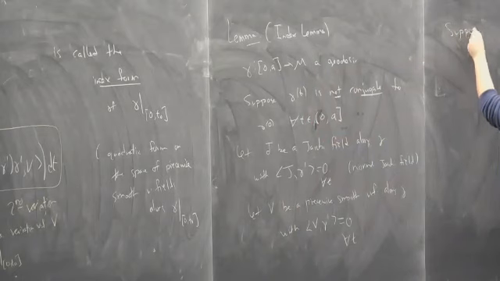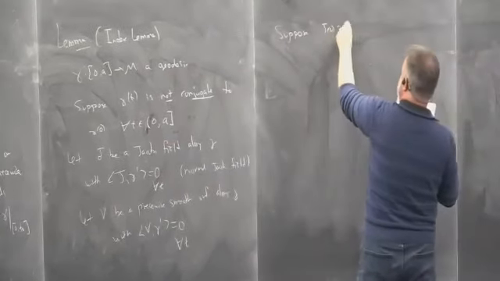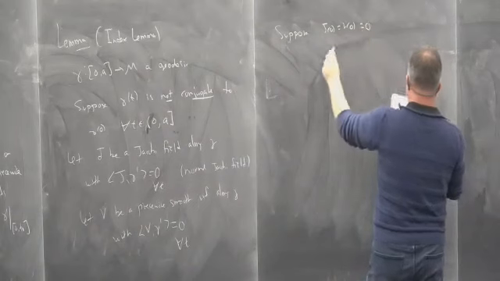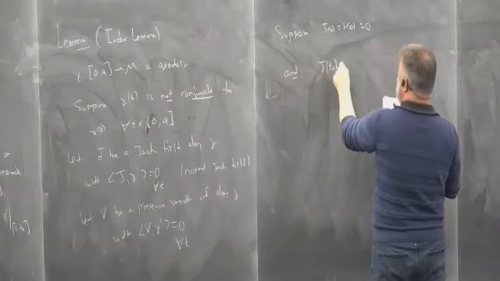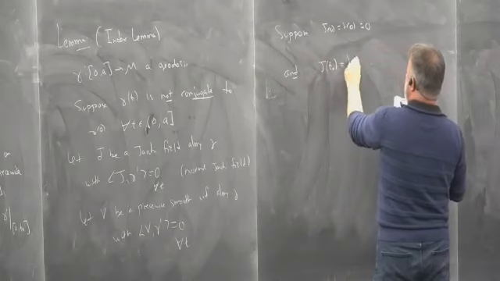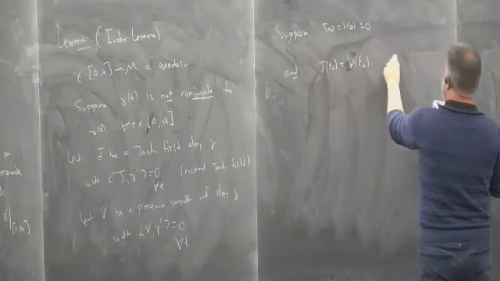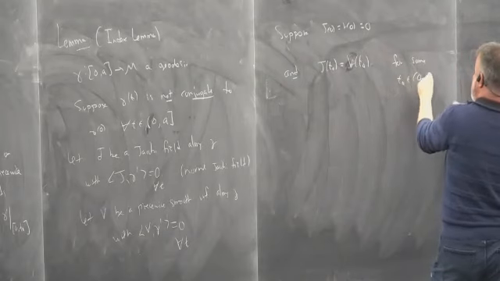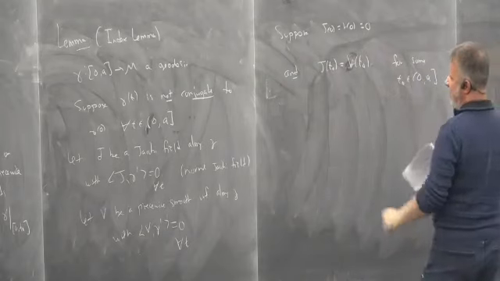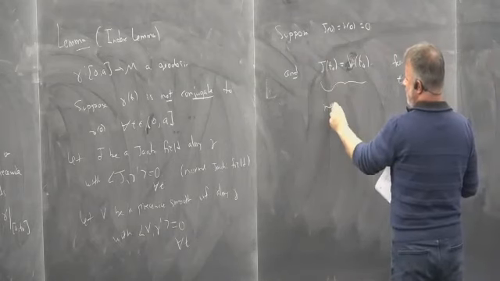Suppose that J and V vanish at the initial time, and that there's some positive time T naught, strictly positive up to A, where they agree. These need not be zero.